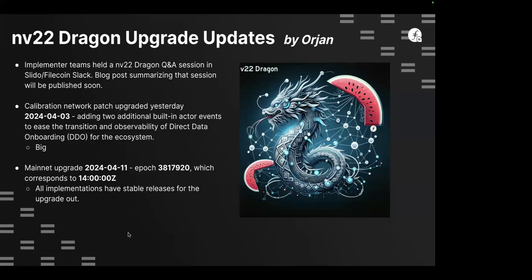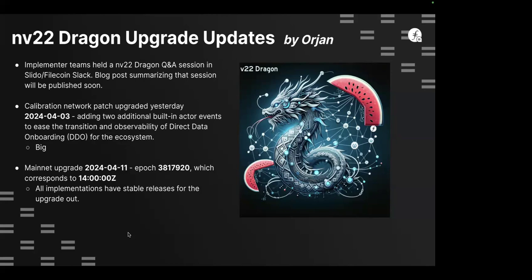Yesterday, the calibration network was also patch upgraded. So a big thank you to the community for upgrading their nodes in a short time. It was patch upgraded to add 2 additional built-in actor events to ease the transition and observability for DDO, which was some of the feedback that we got after initially deploying the first NV22 version.